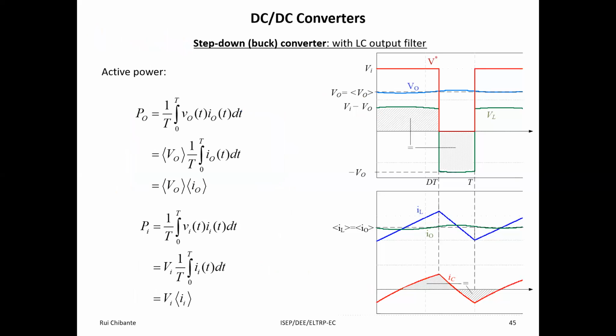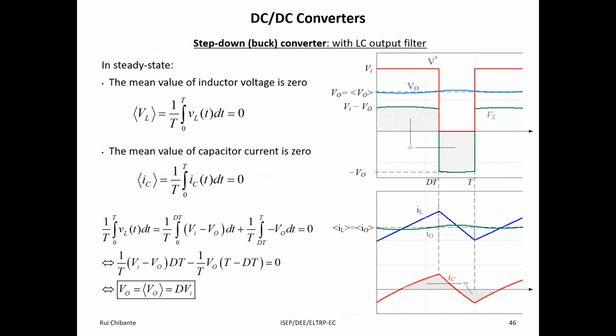Well, here there is a small demonstration to check that even using the filter, as I said before, this relationship is valid again: the output voltage is equal to the duty cycle D times VI.